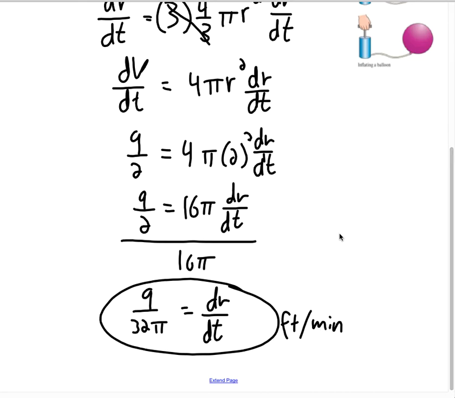So 9 over 32 pi, if we don't have our calculator, is the rate of change when that radius is 2.